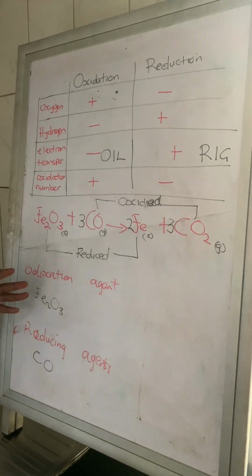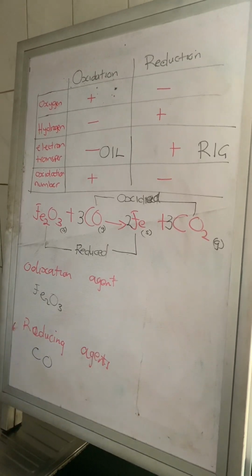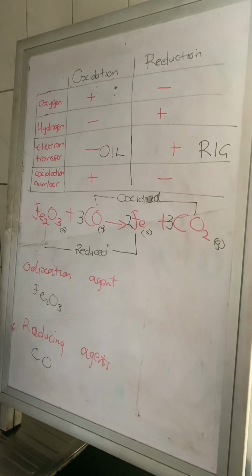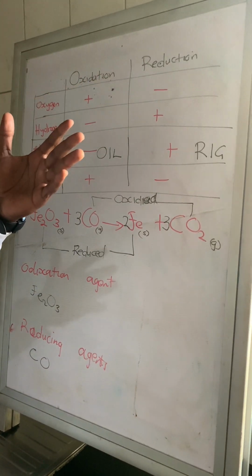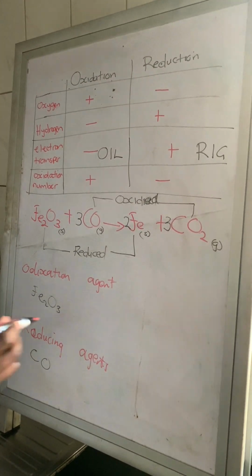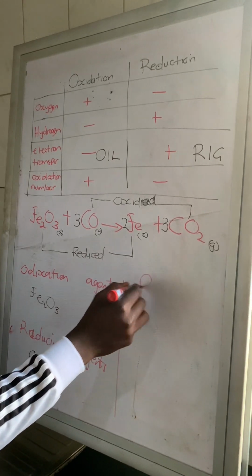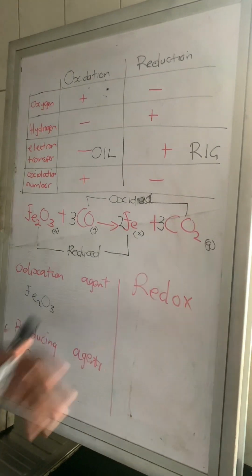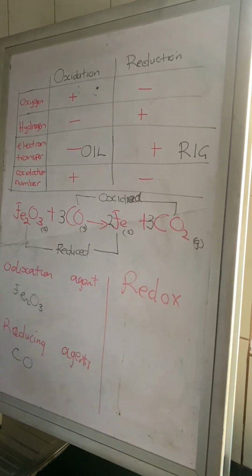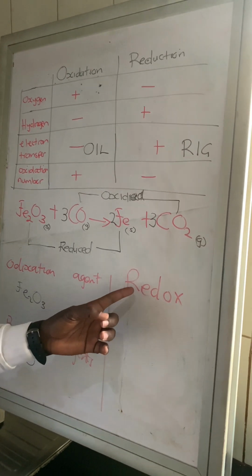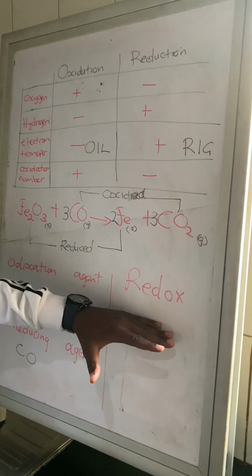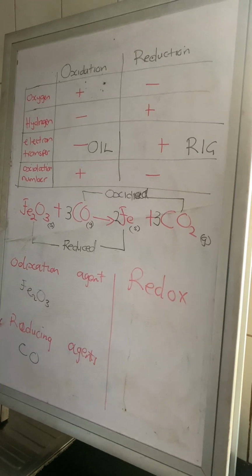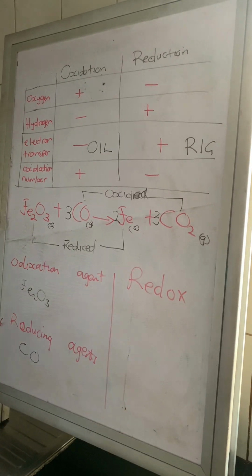So that is how we answer questions relating to oxidation reduction. You may be asked in an exam to define what they call redox. Redox simply means a chemical reaction that involves reduction and oxidation. Most equations are redox.